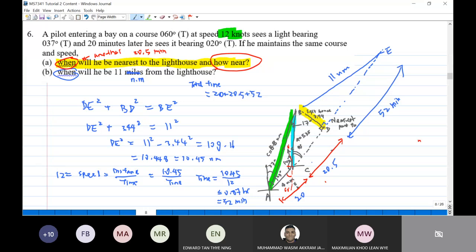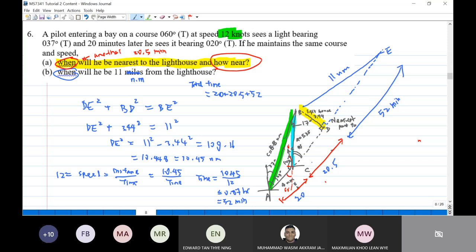10.45 over 12. Let me check. 10.45 divided by 12. Okay, 0.87 here, correct? Then times 60. Okay, 52.25, yeah, correct, 52 minutes.